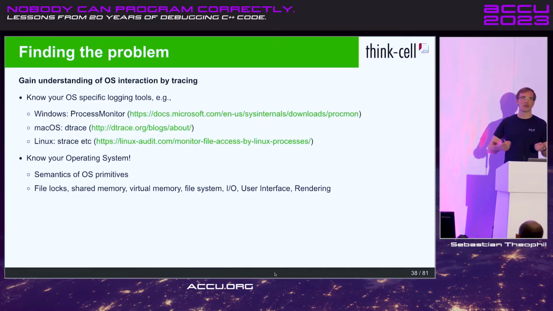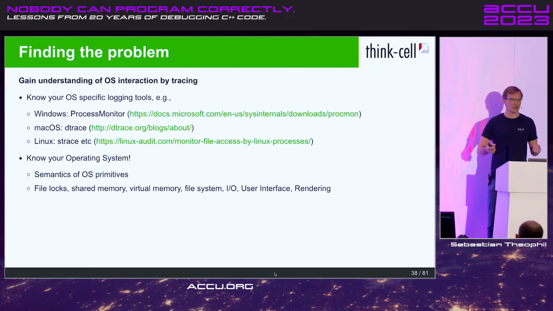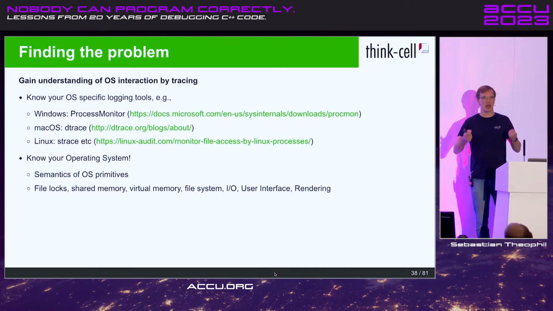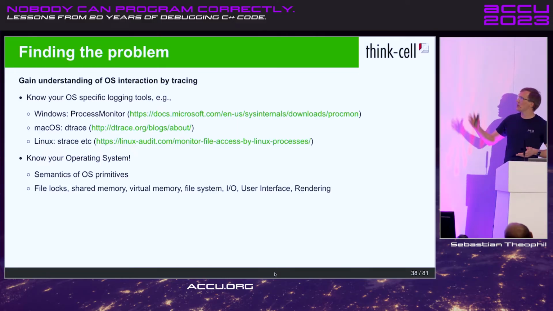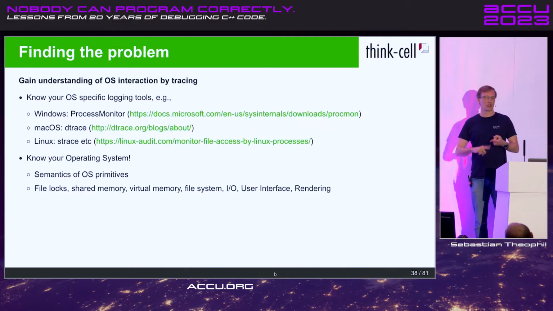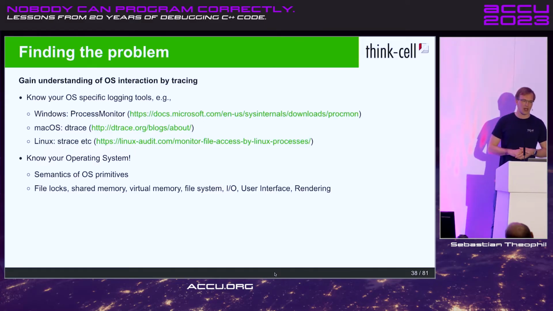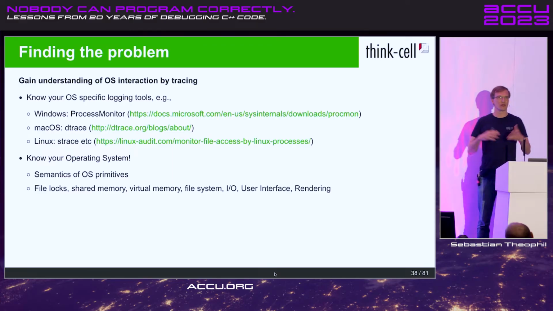Then there are operating-system-specific logging tools that we can use, so we don't have to add tracing breakpoints to every file function. In Windows, there's Process Monitor, for example, that can tell you which file accesses and which registry accesses you're making. macOS has dtrace, and Linux has a number of different tracing tools, depending on what you're looking for.